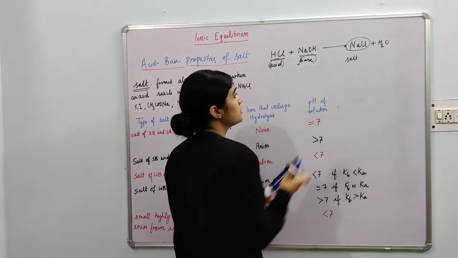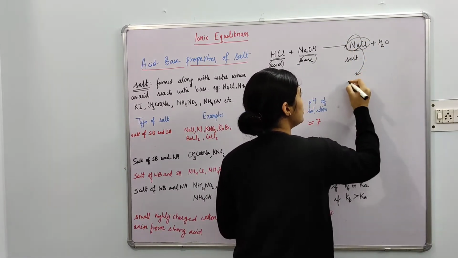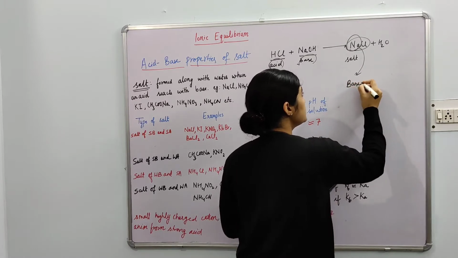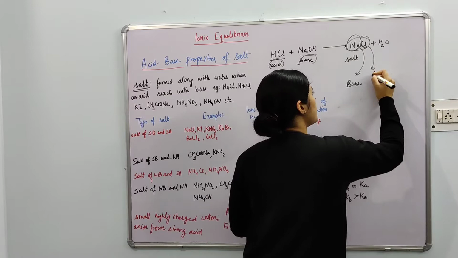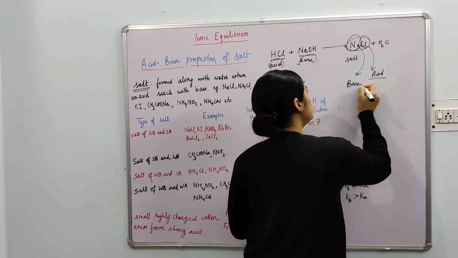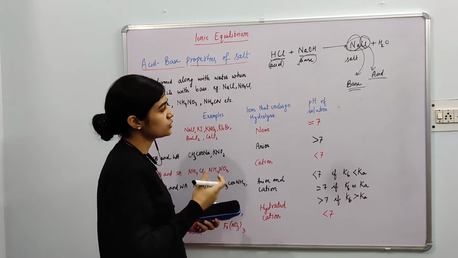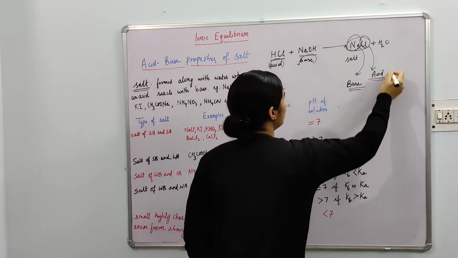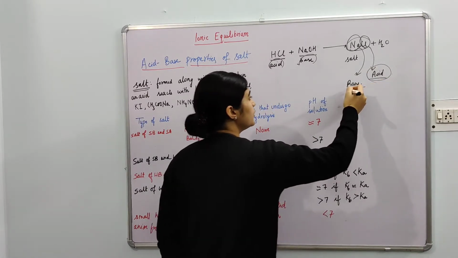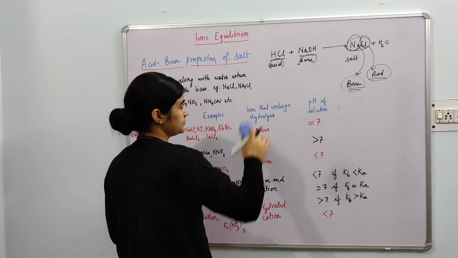The cationic part of a salt is always provided by the base, and the anionic part is always provided by the acid. So whenever we write salt of strong acid and strong base, that means the anionic part is provided by the strong acid, while the cationic part is provided by the strong base.